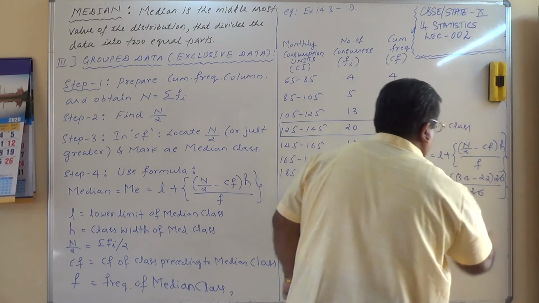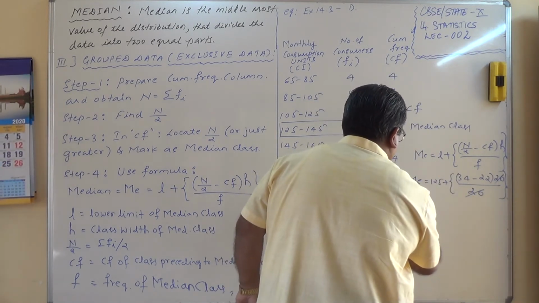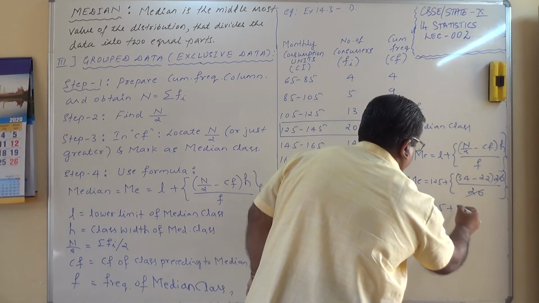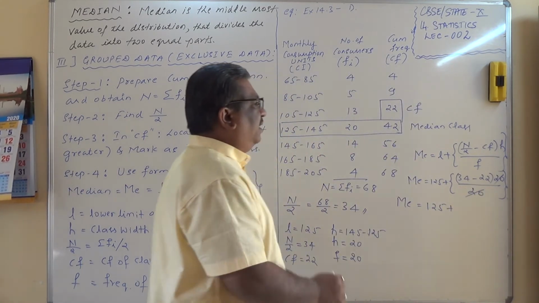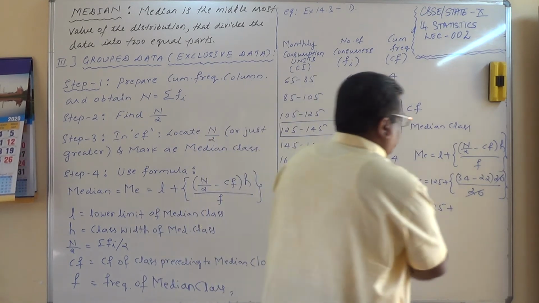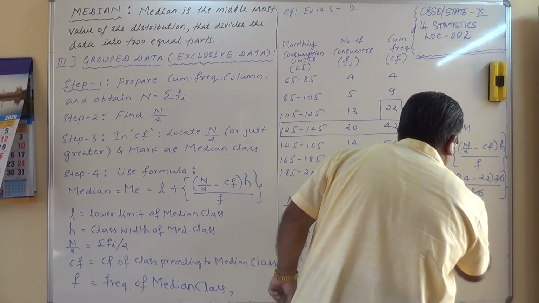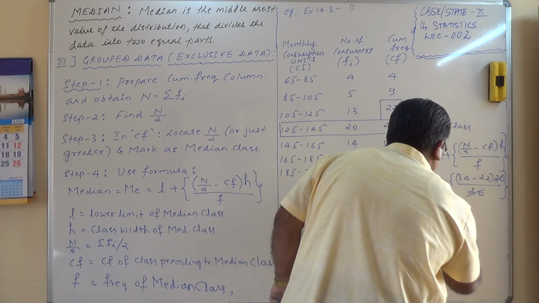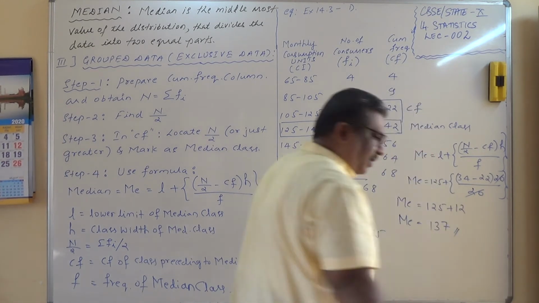This 20 cancels, so median is equal to 125 plus 34 minus 22. That is 12. And therefore median is equal to 137. Check it.